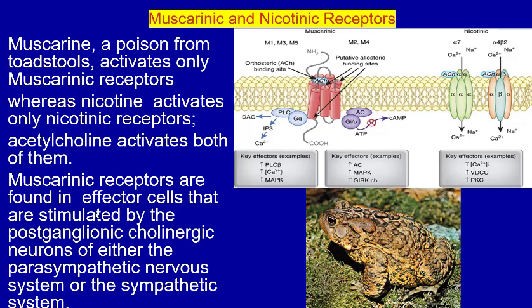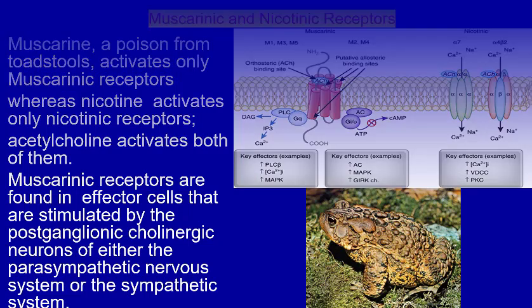Muscarinic receptors are found in effector cells that are stimulated by the postganglionic cholinergic neurons of either the parasympathetic nervous system or the sympathetic nervous system. So muscarinic receptors are activated by both the sympathetic and parasympathetic nervous systems.